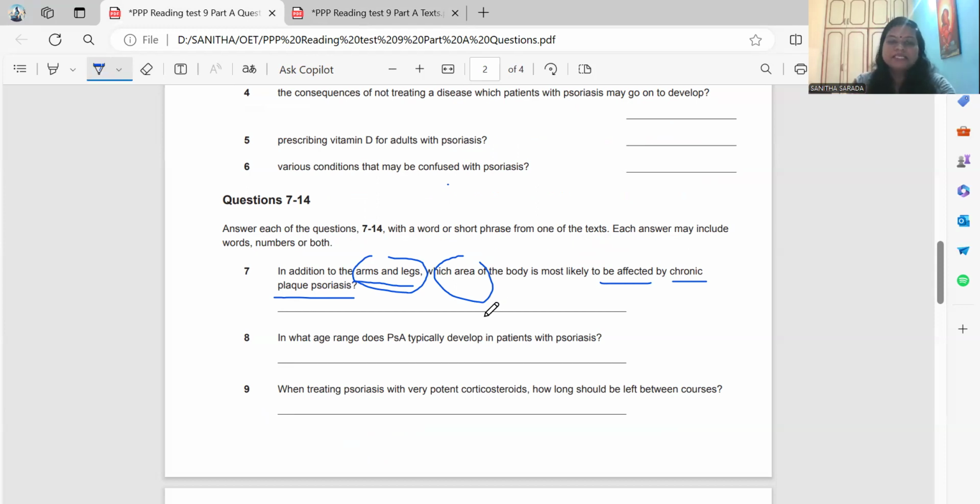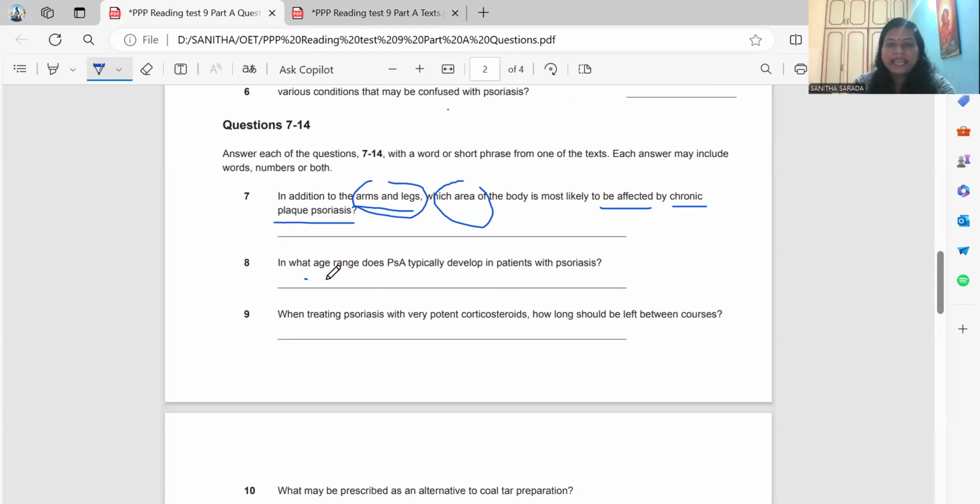Second, in what age range, this is important, age range, does PsA, psoriatic arthritis, typically develop in patients with psoriasis? So the keywords here are age range, PsA, typically develop in patients with psoriasis.